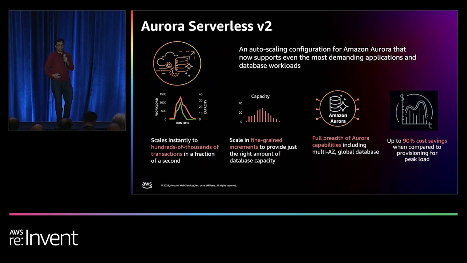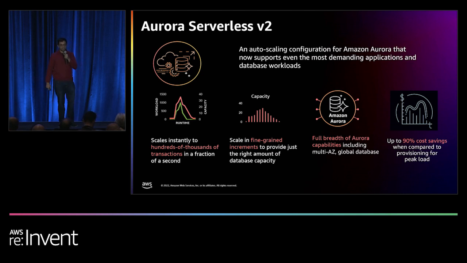So we learned how to scale Aurora in the same region with multiple read replicas or vertical scaling, having a bigger instance. We learned scaling across regions. Let's talk about a different scaling mechanism in case you need to scale hundreds or thousands of transactions within a fraction of a second.